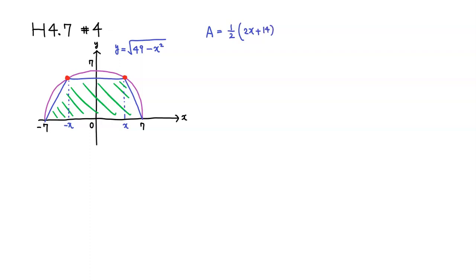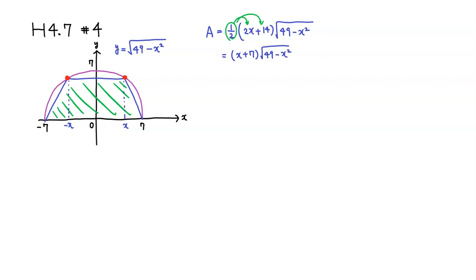And then the height is determined by the square root of 49 minus x squared. I'm going to distribute the 1/2 into the 2x and the 14, so this is simply x plus 7 times square root of 49 minus x squared.